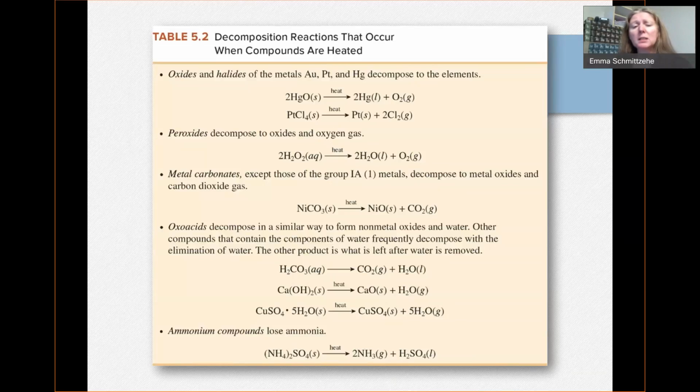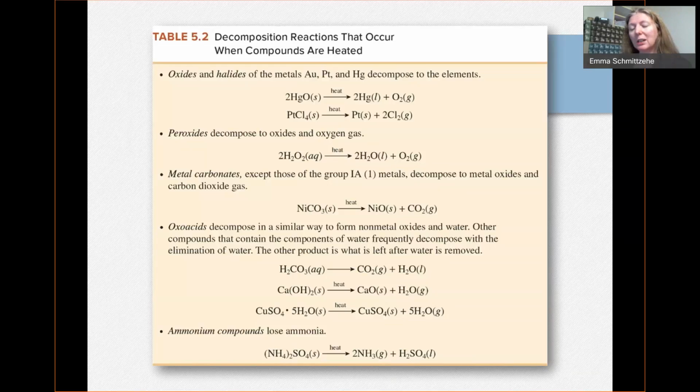This table just provides a resource of some general common types of decomposition reactions when it's not splitting up into the elements, which is trickier to predict. So you have to go off of general characteristics of these types of compounds to figure it out. Okay.